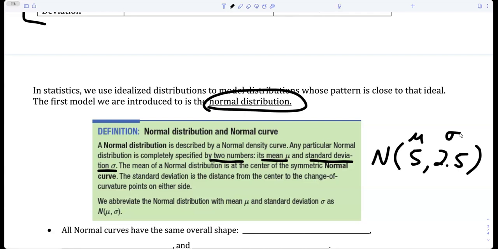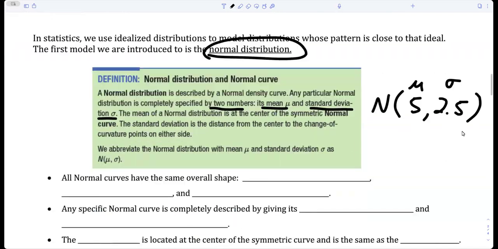And we're going to look at some of the characteristics of a normal distribution. All normal curves have the same overall shape, which is they are symmetric, and they are single peaked, and they are bell-shaped.